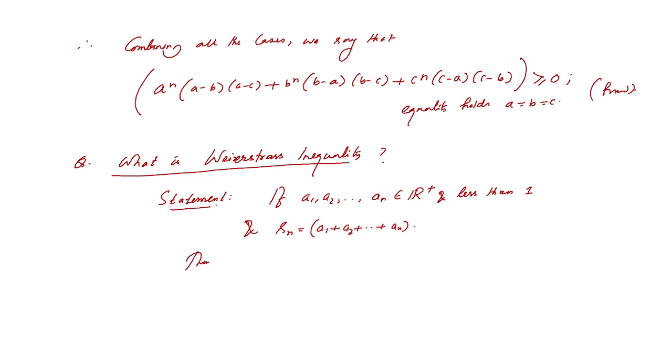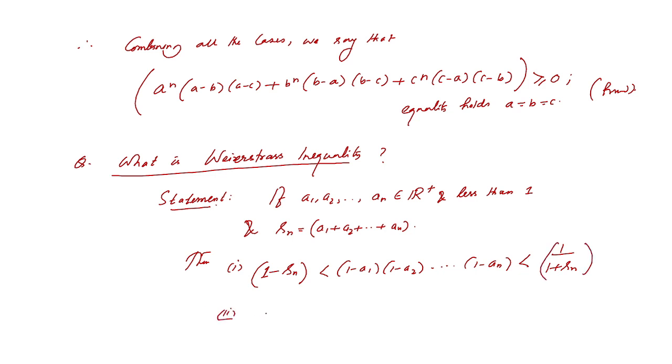then we can conclude, first, that 1 minus S is strictly less than (1 minus a1)(1 minus a2) dot dot dot (1 minus an), that product, and that is less than 1 by (1 plus Sn). This is the first inequality.